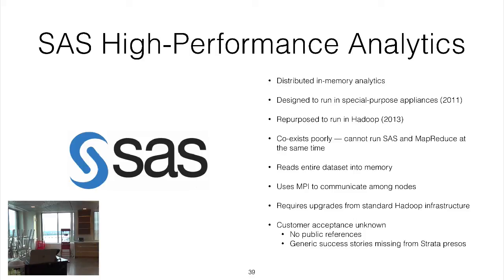But I'm just going to lump them together as HPA. It is a distributed in-memory analytics platform that was originally designed to run in special purpose Teradata or Greenplum appliances. Last year, SAS repurposed this to run in Hadoop.